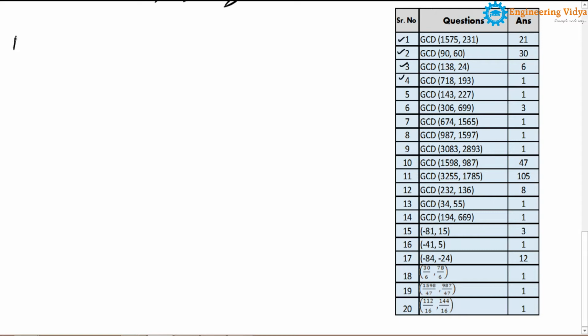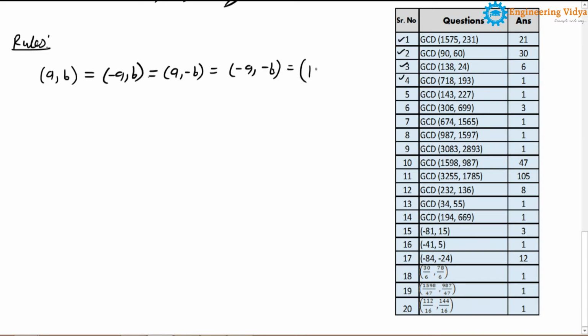The rule says that the bracket of a comma b is called GCD. This statement can be read as GCD of a comma b, or GCD of a and b, is equal to GCD of minus a comma b, is equal to a comma minus b, is equal to minus a and minus b, is equal to mod of a and mod of b.